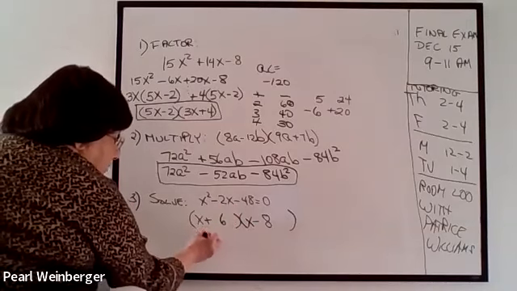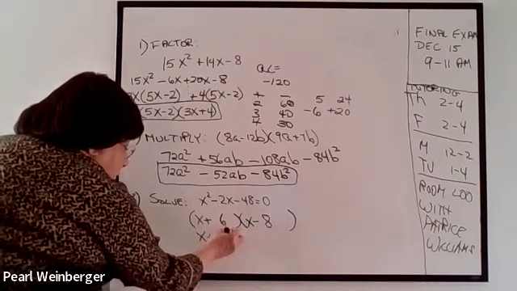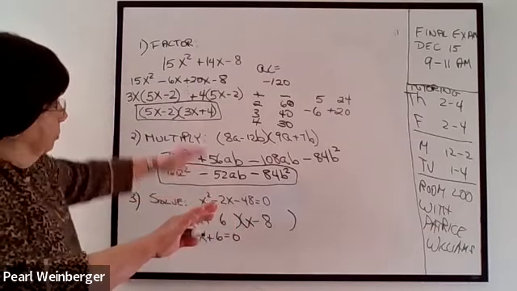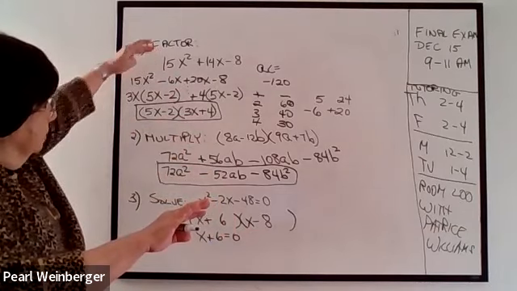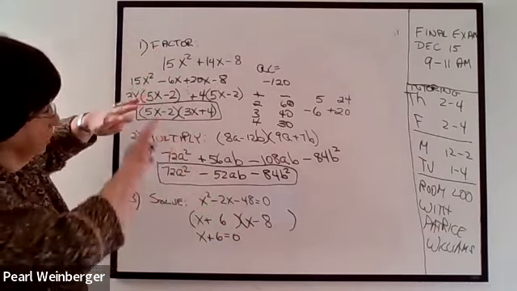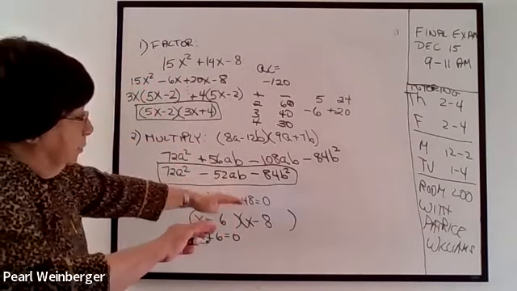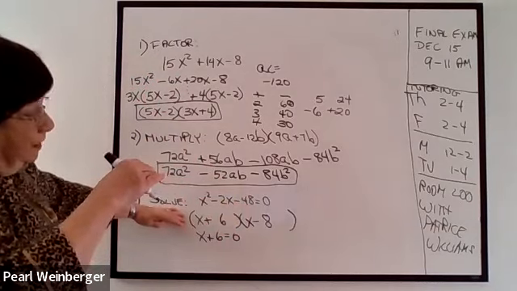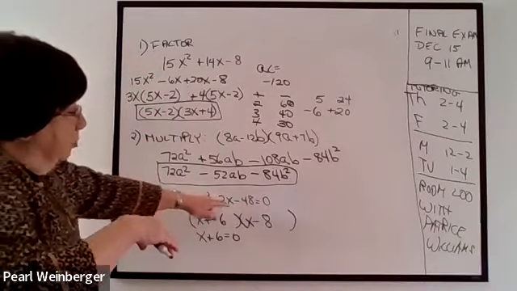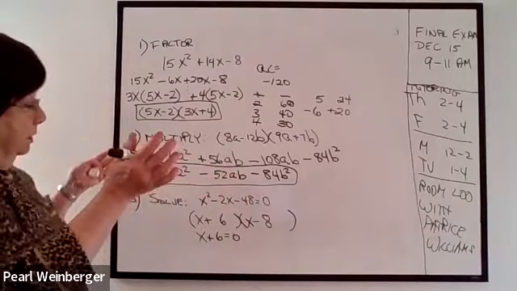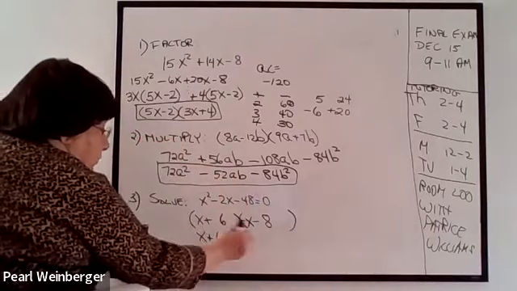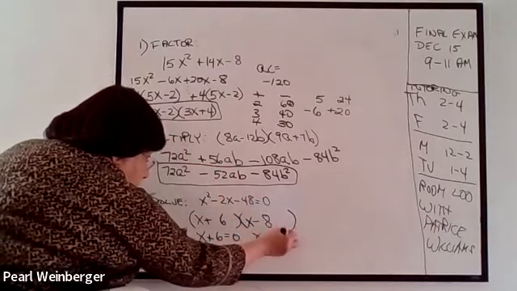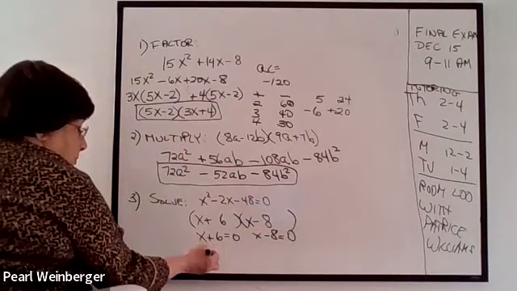I then set each of these equal to 0. Remember, you're not finished yet. Notice here we didn't do that. This was just a factoring, it was just breaking it up. This is an equation. We have to solve it. We'll know it's an equation, first of all, by the instructions, and also the fact that it'll have an equal sign in it. We separate each of these into two smaller equations, setting them each equal to 0.